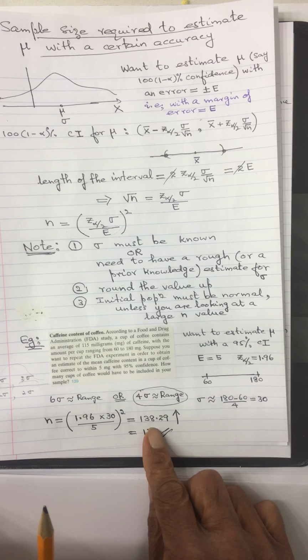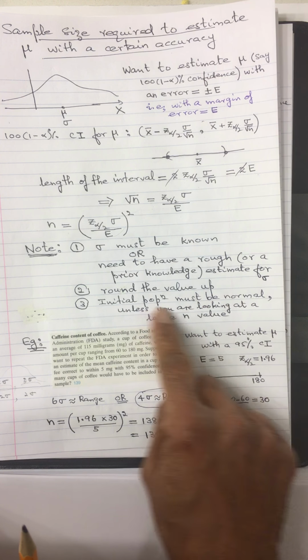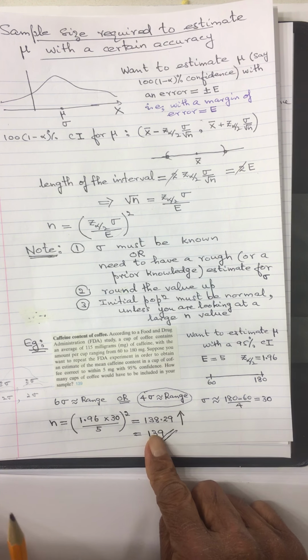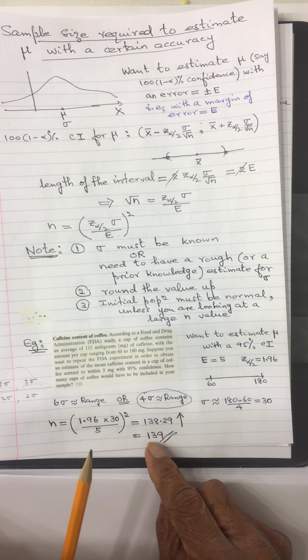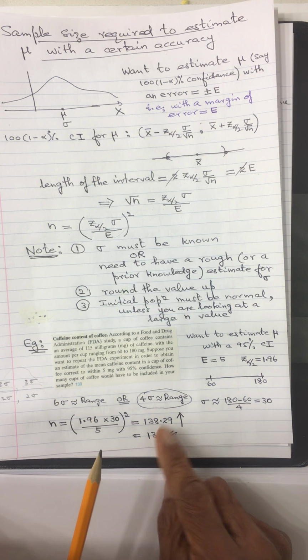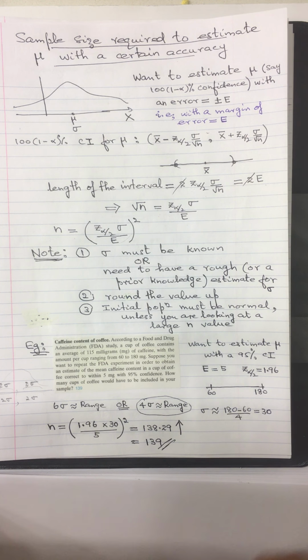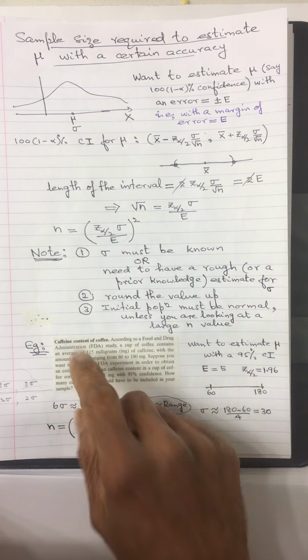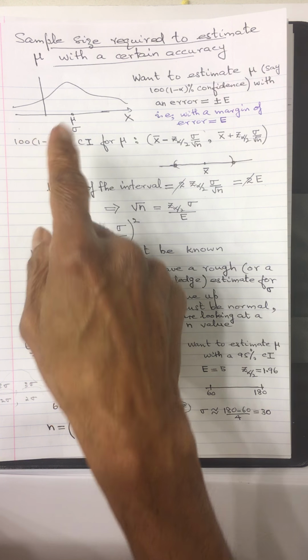That's a pretty big sample, so that part is taken care of. But suppose you ended up with a very small number like 15 or 16. In that case, the population better be normal. So that's the difference. Alright, so that's about estimating the sample size required to estimate mu.